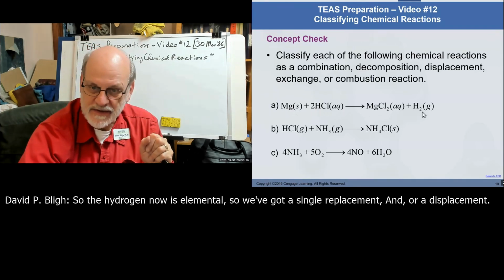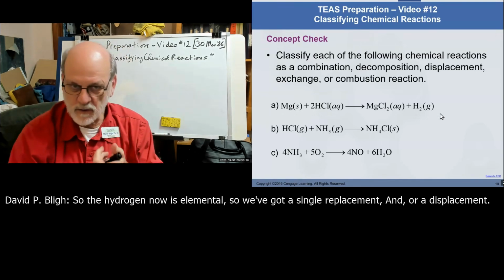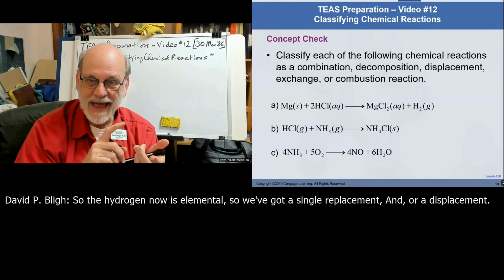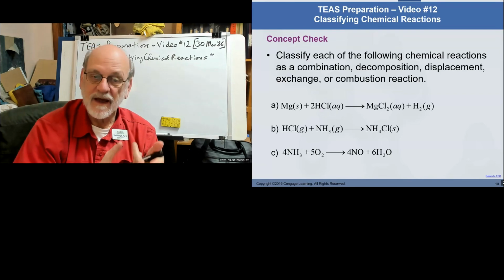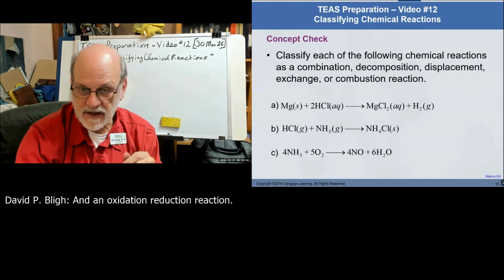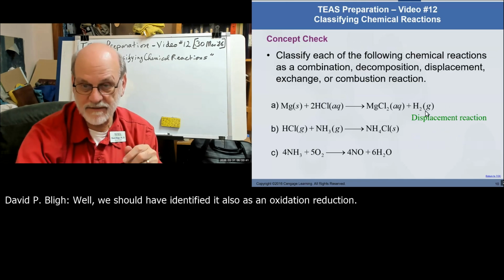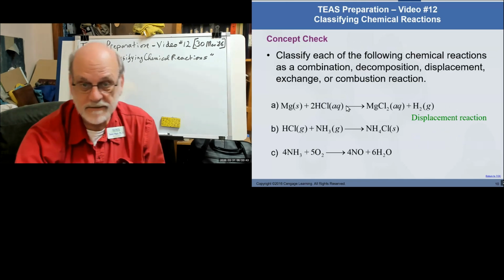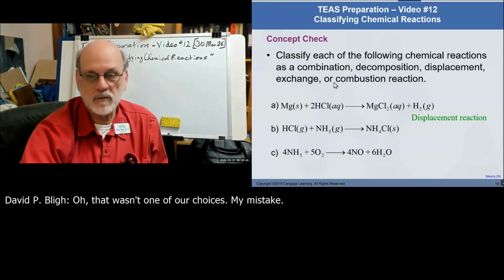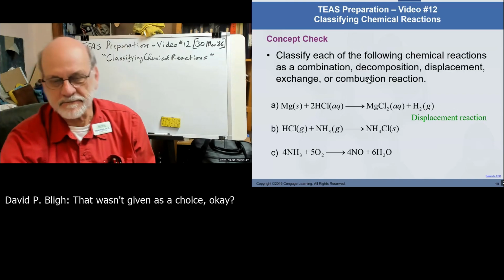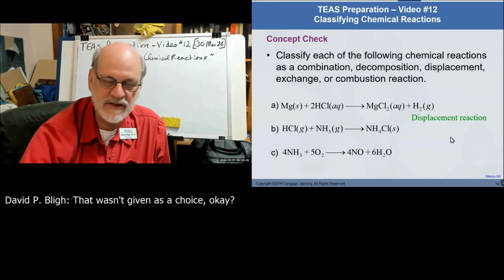So the hydrogen now is an elemental. So we've got a single replacement or a displacement and an oxidation reduction reaction. Well, we should have identified it also as an oxidation reduction. Oh, that wasn't one of our choices. My mistake. That wasn't given as a choice.